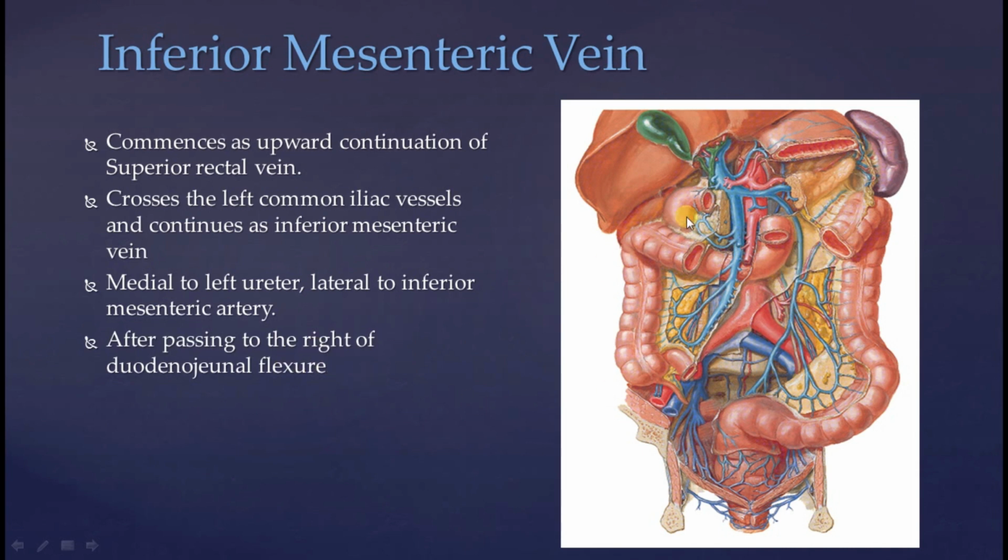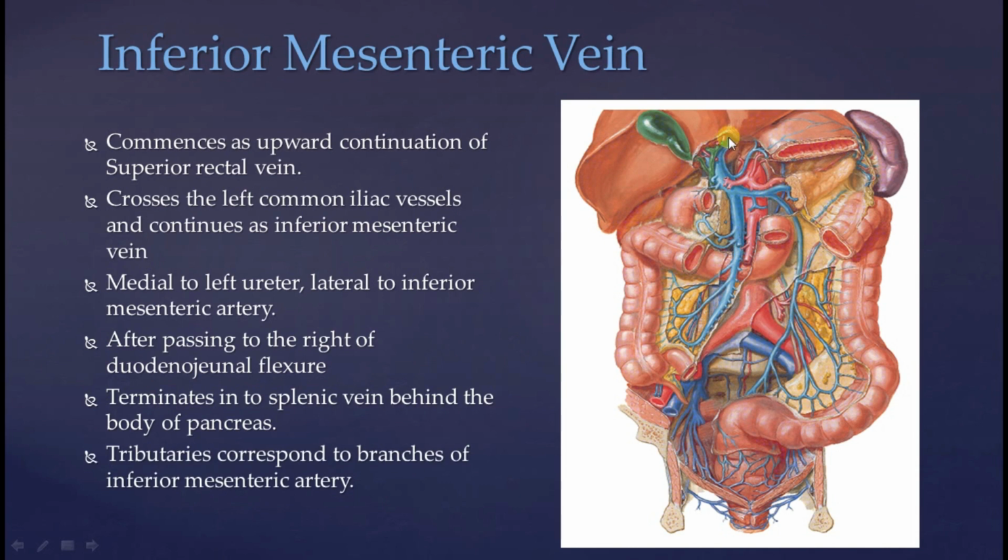After passing to the left of the duodenojejunal flexure, it terminates into the splenic vein behind the body of the pancreas. Just see this diagram and explain. It starts as a small plexus, continues as the upward continuation of the superior rectal vein, passes by the side of the duodenojejunal flexure and terminates into the splenic vein behind the body of the pancreas. The tributaries correspond to the branches: sigmoid veins, left colic vein, superior rectal vein.